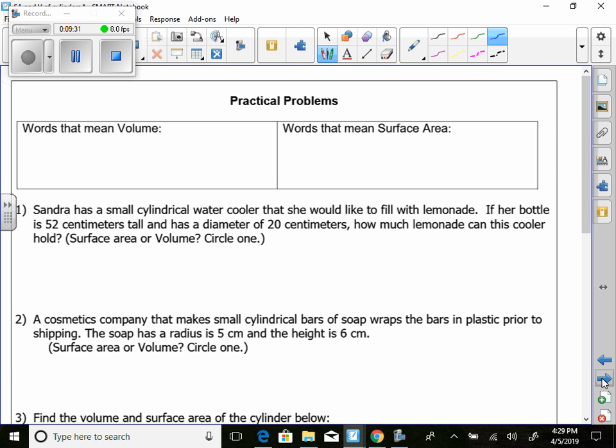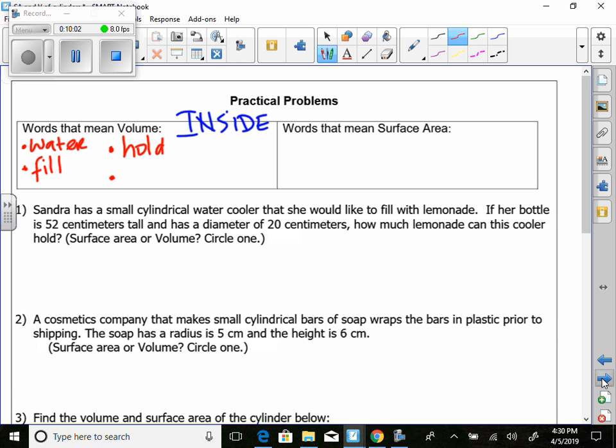All right, moving on. Again, the practical problems will not always be clear and straightforward about what they want you to find, but you have to look for words that would indicate inside the shape, for volume. So the words can be water, the words can be fill, the words can be how much can it hold inside.